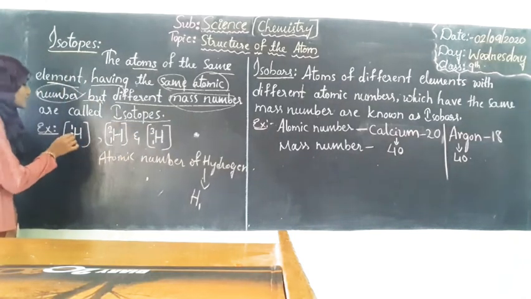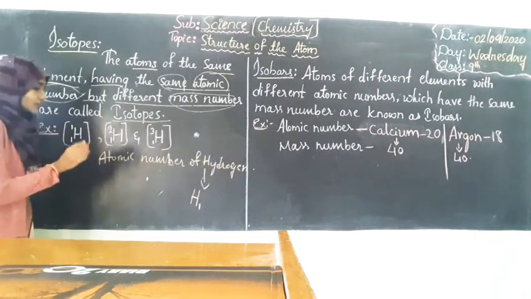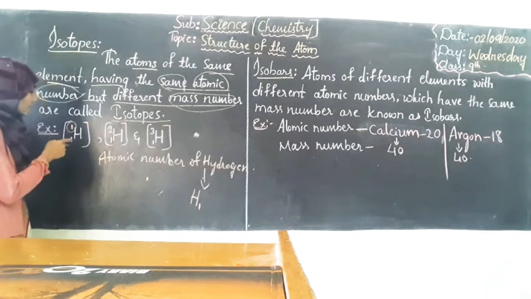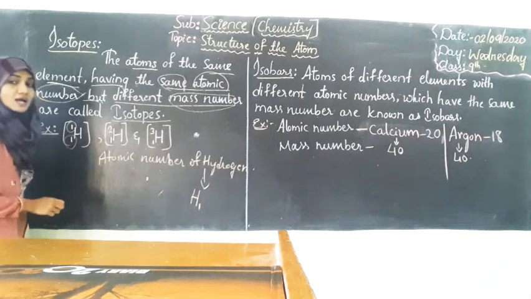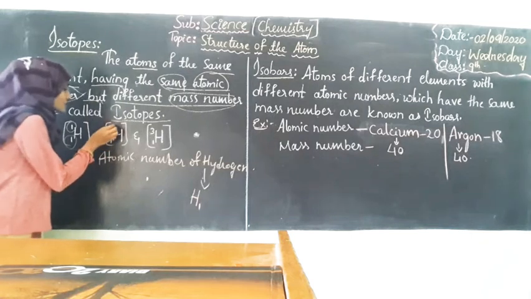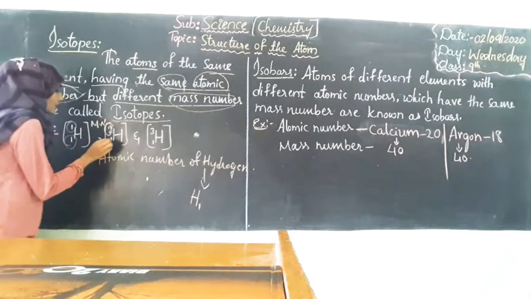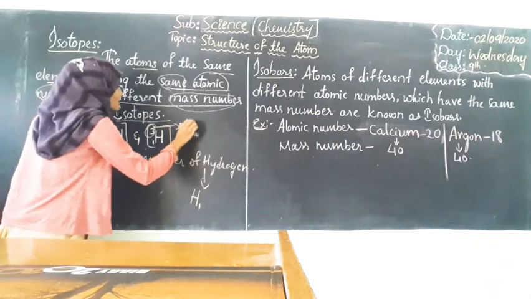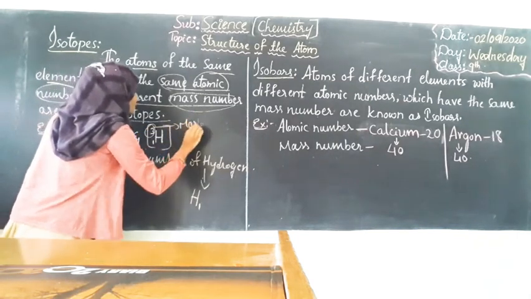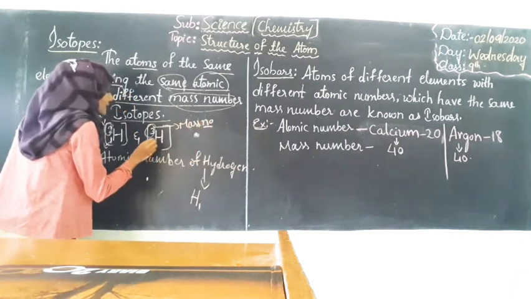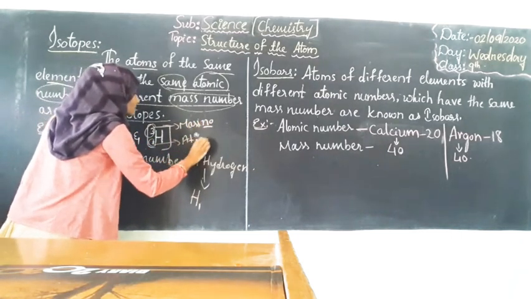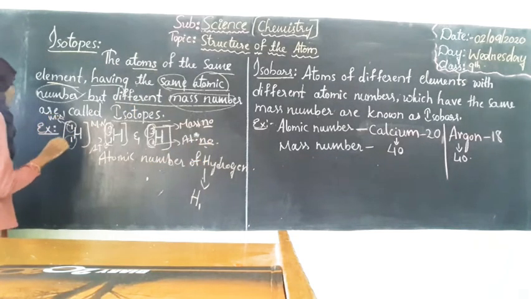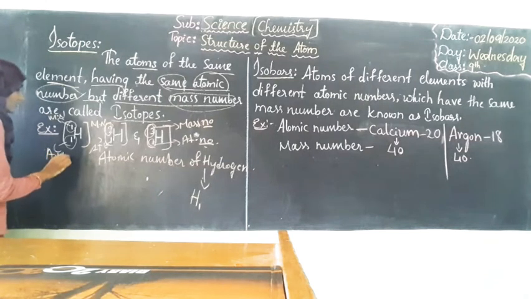So the first one, H11. You already know that the left side at the top is the mass number, whereas the left side at the bottom is the atomic number. Similarly, here it's the mass number and it's the atomic number.